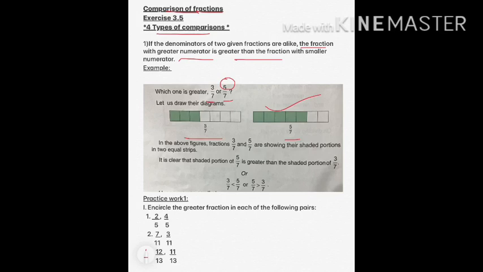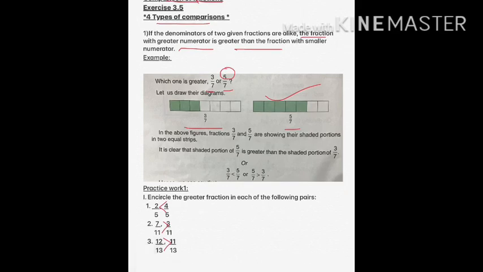So what we concluded from the first type of comparison is that if the numerator is greater, then the fraction will be greater. So 4 upon 5 is greater here, then here 7 upon 11 is greater, then here 12 upon 13 is greater. Alright students.